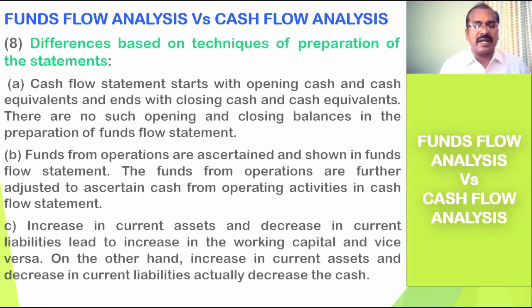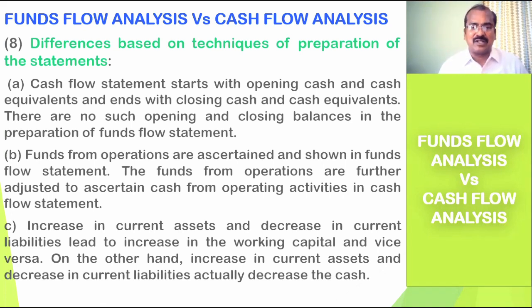The third subpoint under eighth difference is increase in current assets and decrease in current liabilities lead to increase in working capital. Because what is working capital? Excess of current assets over current liabilities is equal to working capital. Working capital increases when current assets increase. Working capital could increase when the current liability decreases as well. So this is possible with regard to the funds flow statement.